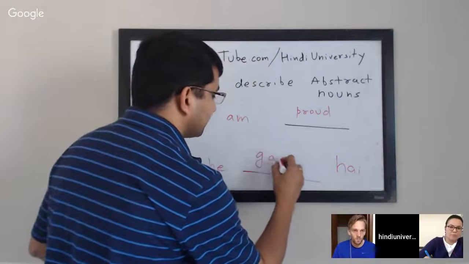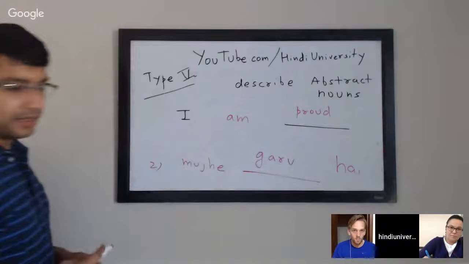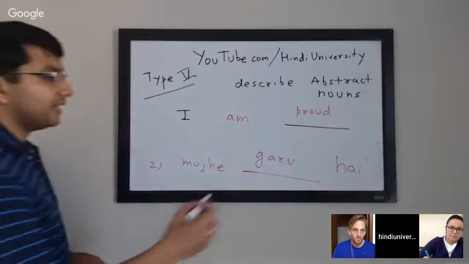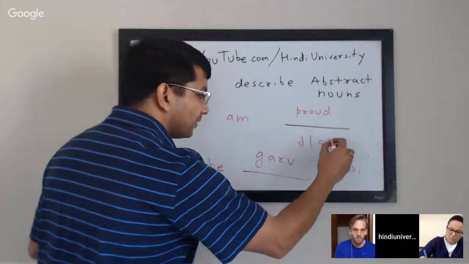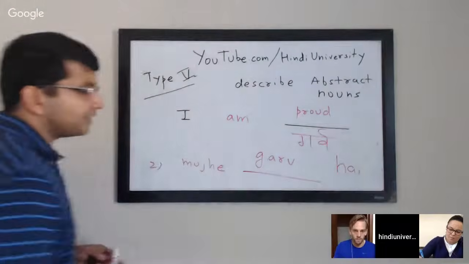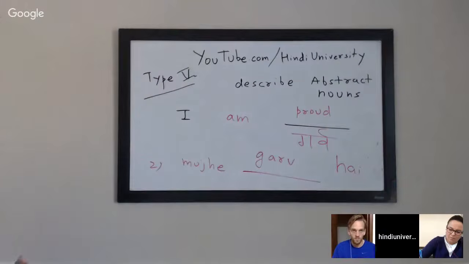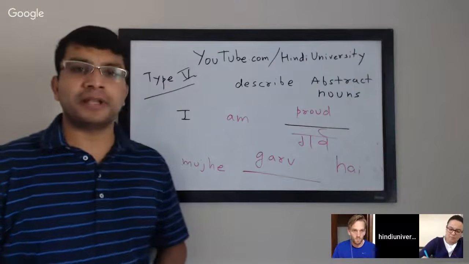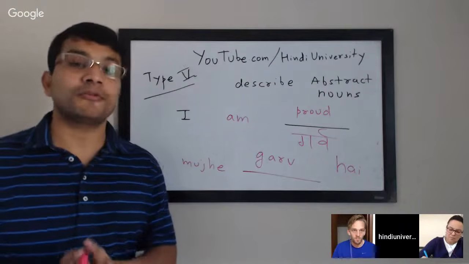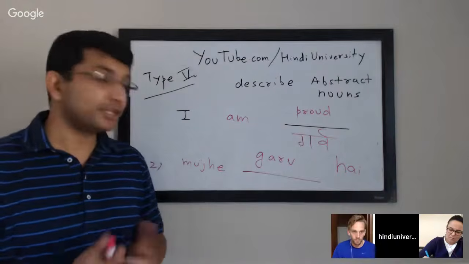The way you will write it, you have a g and then you have a v with r on top. गर्व. मुझे गर्व है. Let's say your son or daughter or friends accomplish something and you're really proud of them. You say I'm proud and मुझे गर्व है.